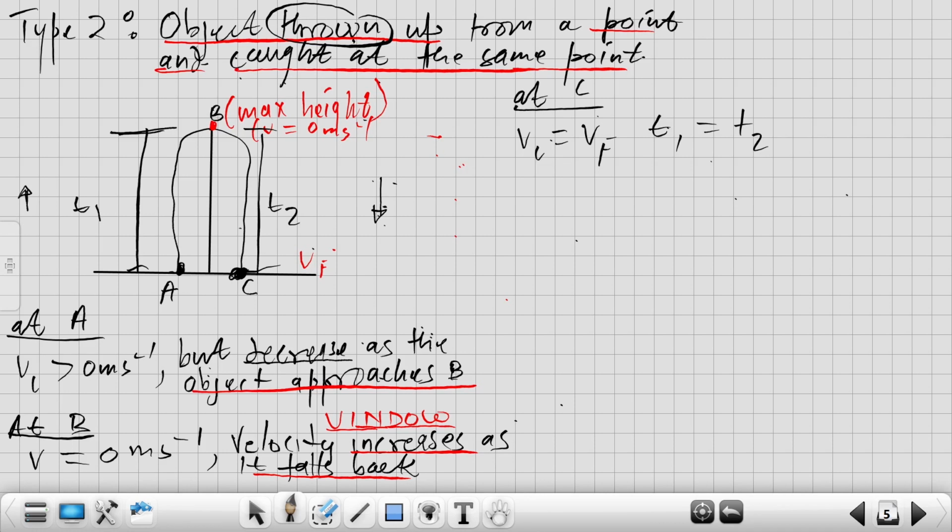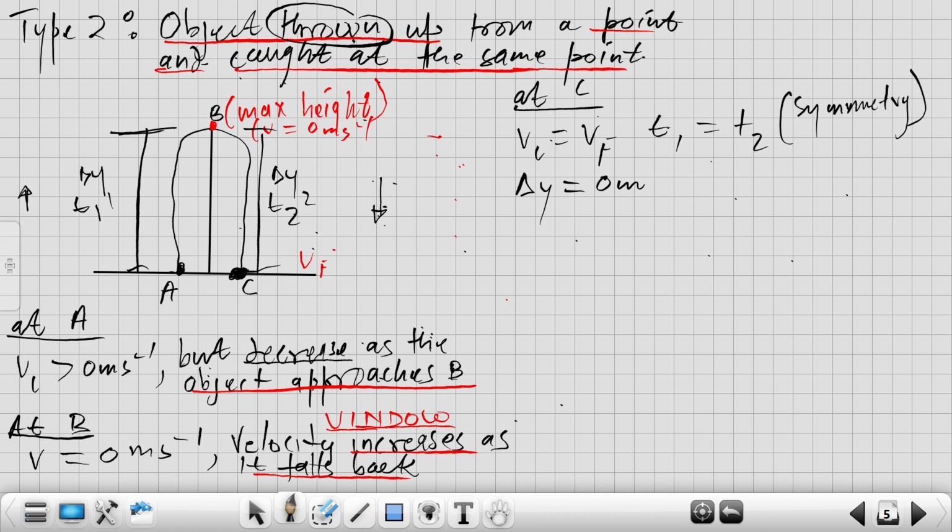So it should be equal. The reason for that is symmetry. It's basically symmetry. What about delta y? Delta y, which is the displacement, is 0 meters at C. So I can easily say I have my delta y here for the first part, and then I also have my delta y for the second part of the motion. So these are key things that I need to understand when I am working with type 2.